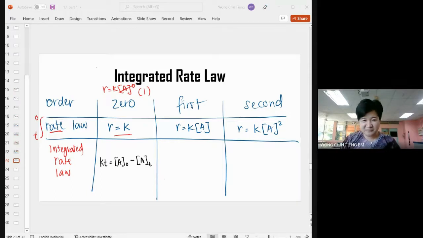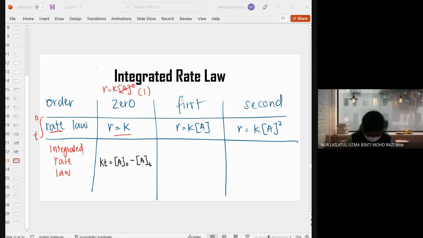Laila? First order, concentration A 0 minus concentration A T. KT kat depan.